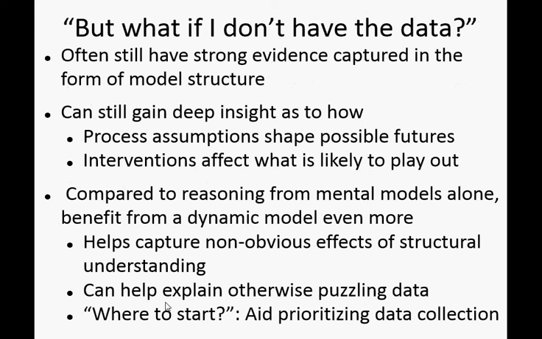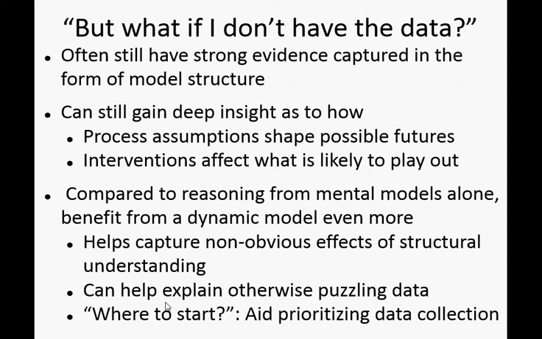So what if you don't have data available to you? What if you're operating in an area where there are profoundly important human factors involved, that a lot is known about at a basic qualitative level, but there's not the empirical evidence because they're slippery to measure, or we're not quite sure how to reliably measure them in non-invasive ways? Well, we can still get strong evidence captured in the form of model structure.